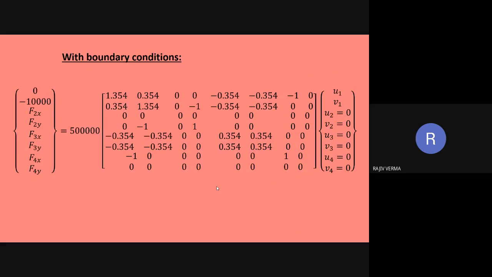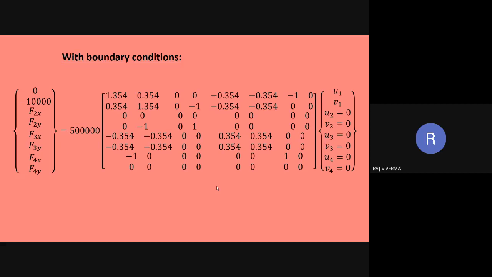In this equation, it might appear that this is a relationship between 8 variables given by 8 simultaneous equations, and that obtaining a solution is going to be a tough job. But the thing is that there are plenty of places where the displacement is 0.